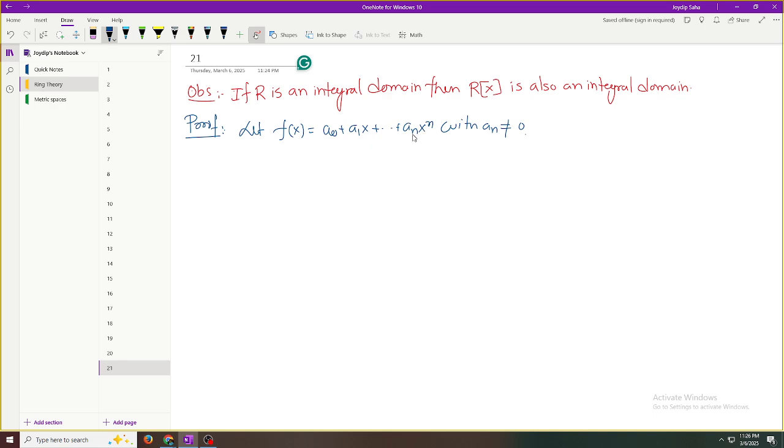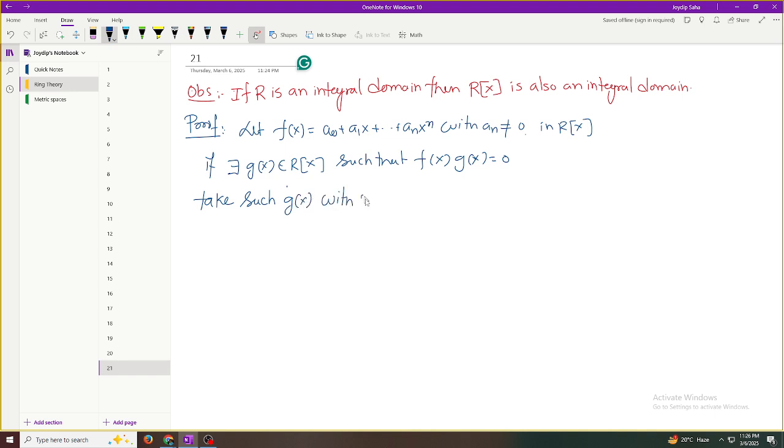Okay, because of the leading term, if there exists g(x) belonging to R[x] such that f(x) g(x) equals 0, take such g(x) with minimum degree.